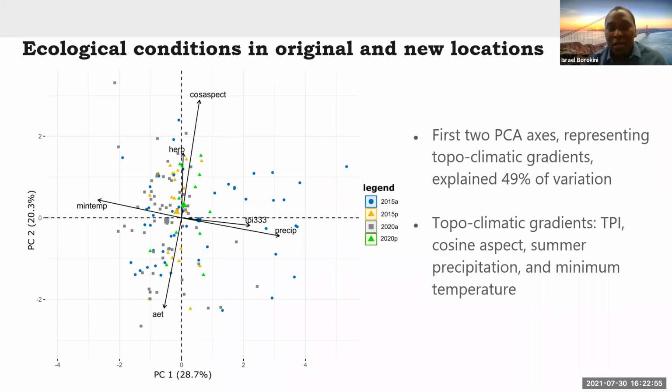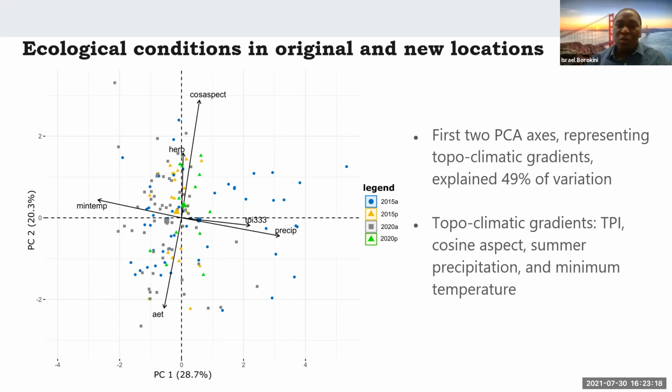So, to answer the second question, to find out whether the environmental conditions in the original occurrence points have a degree of similarity with the new locations, there are two ways of solving this problem, but in literature, what has been proposed is to do an ordination-based analysis.